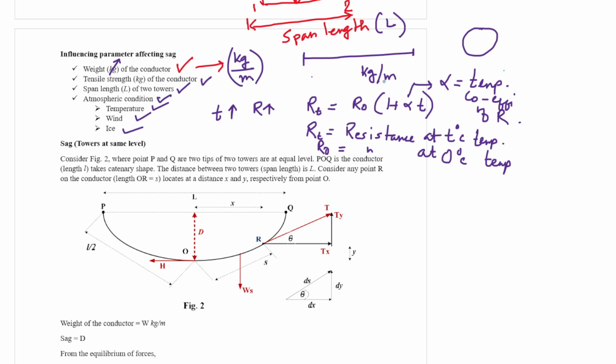Okay, it is a thick coating of ice like this. So this is the ice coating. Due to this ice coating, the conductor weight increases.